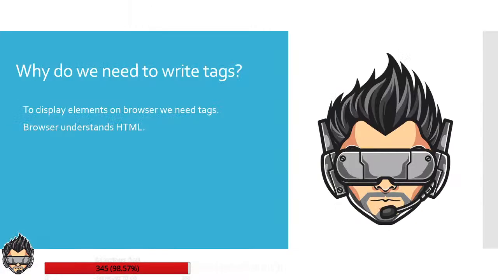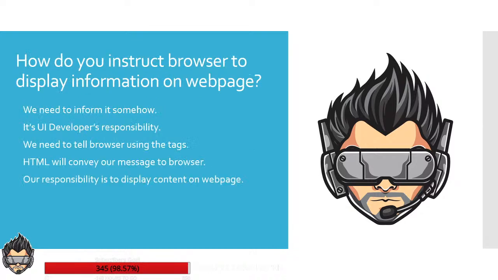Keeping these things aside, now you know why we need to write tags: because the browser just understands a few languages and HTML is a part of that. So we need to make sure we write in a language that the browser understands and even we understand. Next, how do you instruct the browser to display information on the web page?